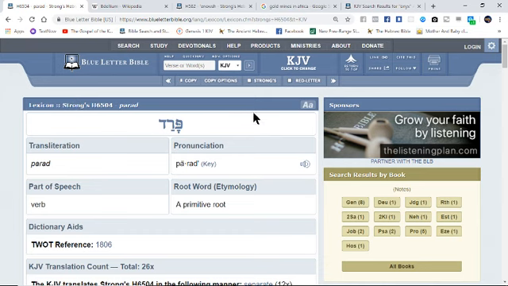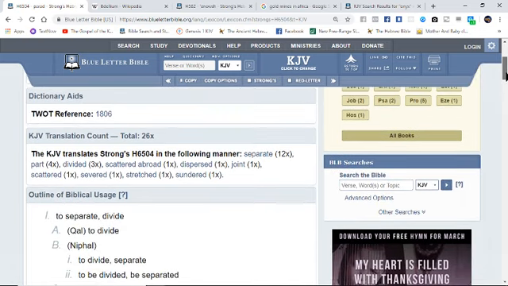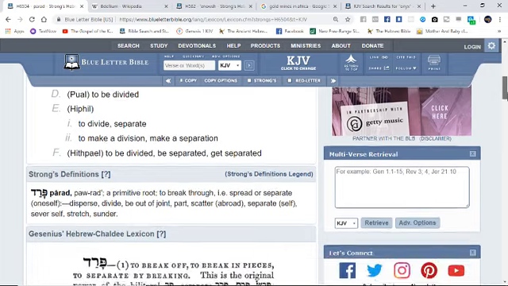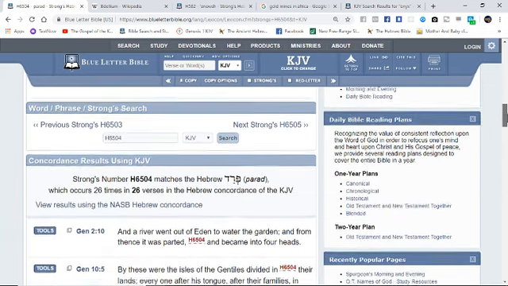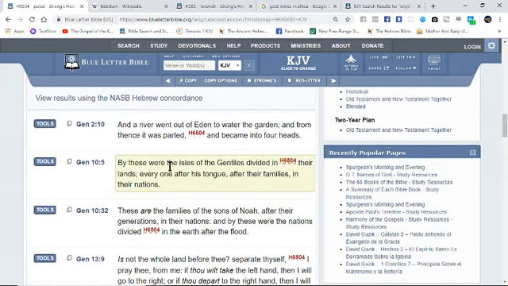And I believe if I have this pulled up, we'll go over this really quick too. Yeah, here's the word. This is the Blue Letter Bible that I was just talking about. Again, we're just going to scroll down to see how this particular word is used. And there's that Hebrew Chaldee Lexicon. But we're going to scroll down and see how this word is used in Scripture.